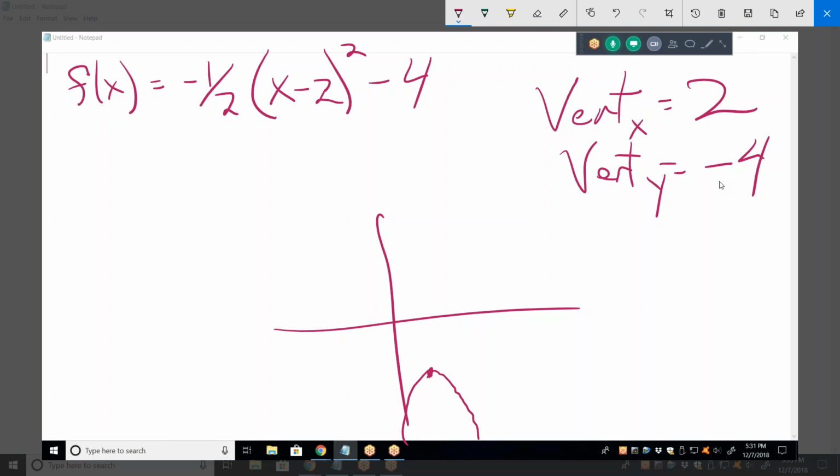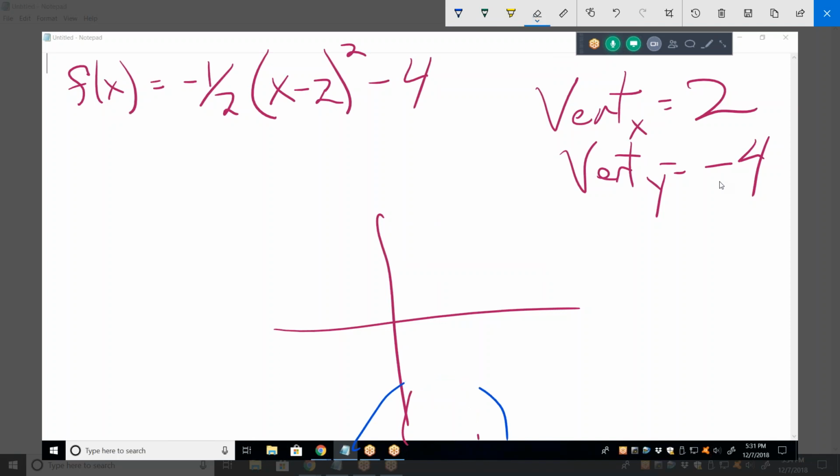That's somewhat what it looks like, but they want more than that. In other words, I could draw lots of parabolas around that vertex. Maybe it looks like this. The only thing I know at the moment is where the vertex is. Okay?